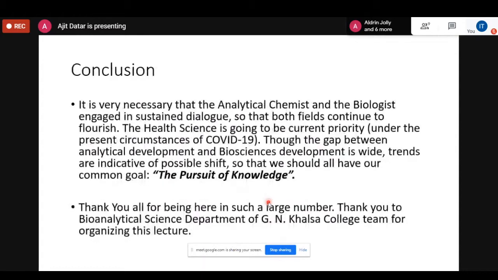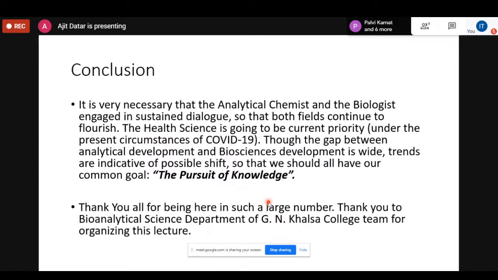So the conclusion: it is very necessary that analytical chemists and biologists engage in sustained dialogue so that both fields continue to flourish. Okay. So there is a need of good analytical chemists for biological science, or biological scientists should know the good aspects of analytical chemistry. Probably with that in mind, Dr. Sane sir has started this new MSc course which is called bioanalytical chemistry.